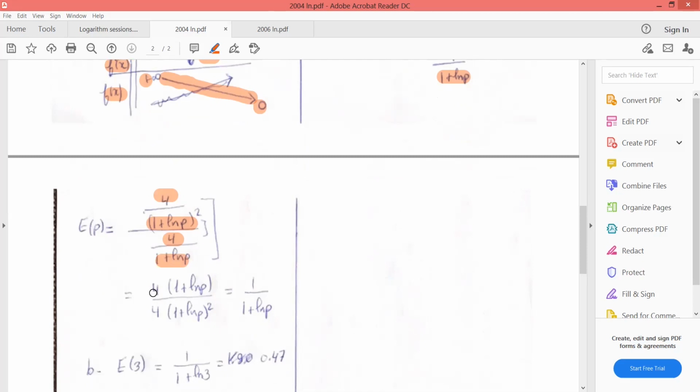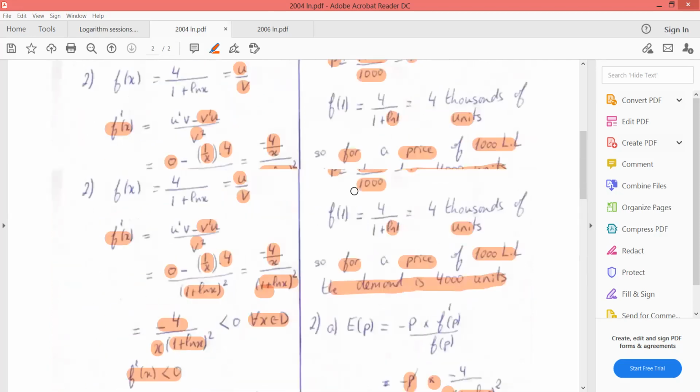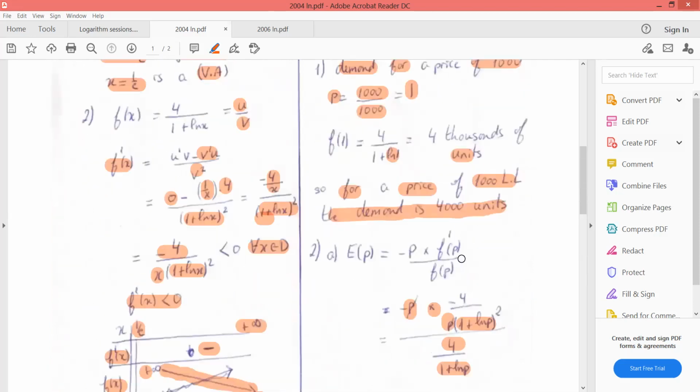So it is 4 into 1 plus ln P, into 4 over 4 times 1 plus ln P. This one times that one, I get 4 into 1 plus ln P squared. Simplify 4 with 4, and 1 plus ln P with 1 plus ln P, we get 1 over 1 plus ln P. So once again, elasticity equals minus P times F prime P over F of P, since F is the demand.